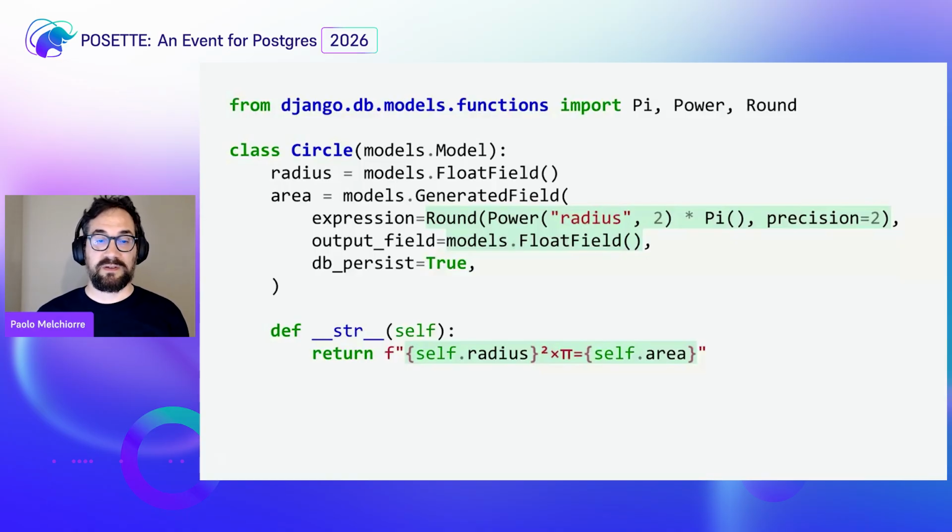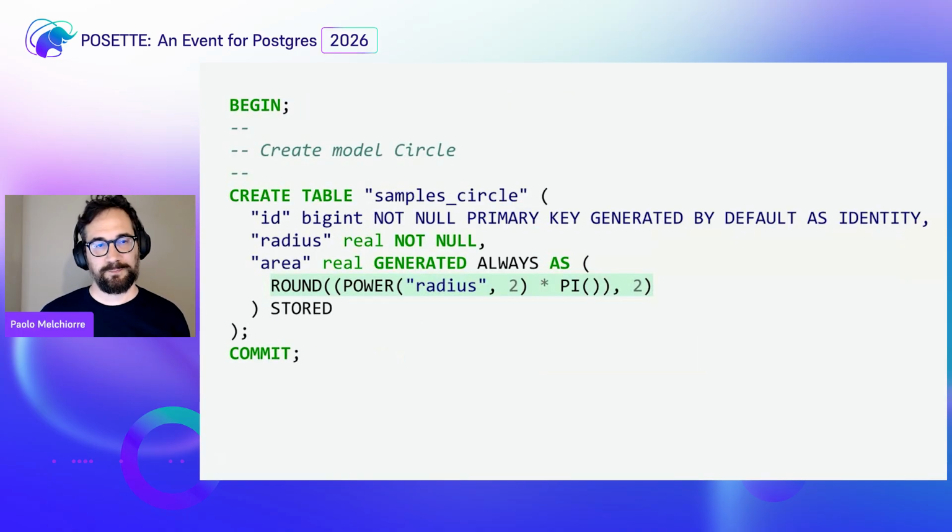The string representation is only needed to show you the result of this calculation. And this is the SQL code that the Django ORM will generate for us. It's very similar to what we just saw in the Django layer, but it's SQL. It uses similar functions and similar variables.